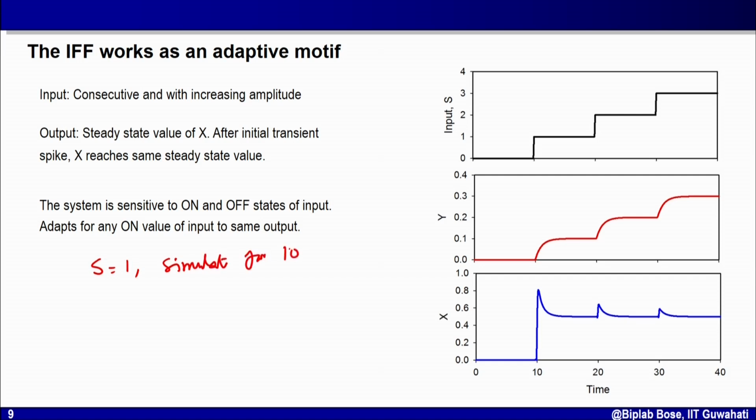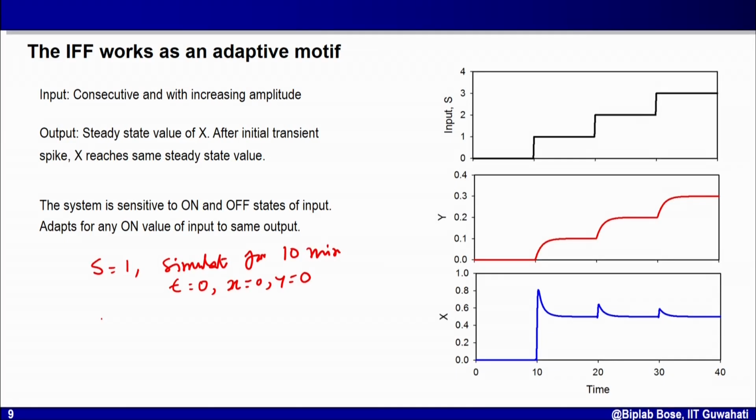This simulation starts at t equal to 0 with x equal to 0 and y equal to 0. So after 10 minutes, x reaches a steady state, y reaches a steady state.